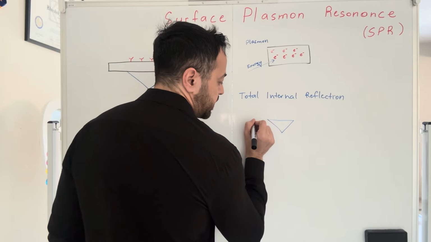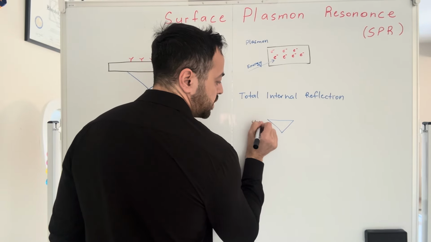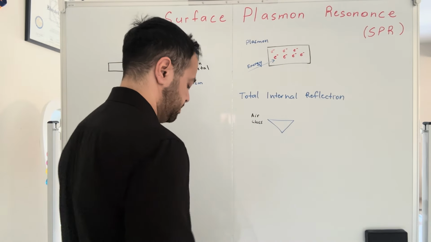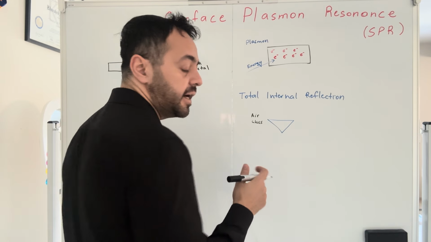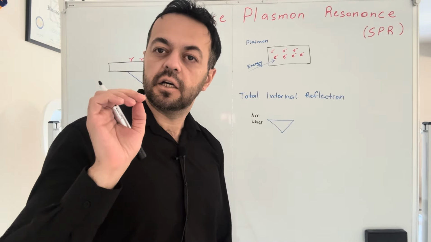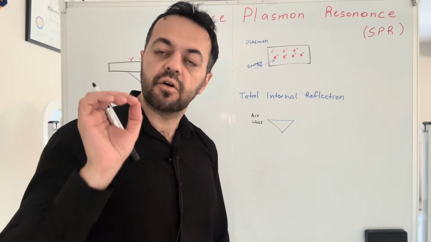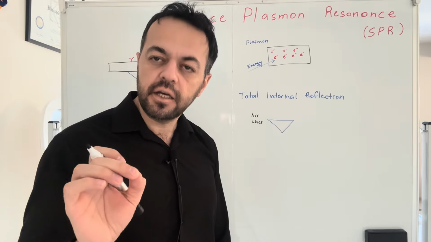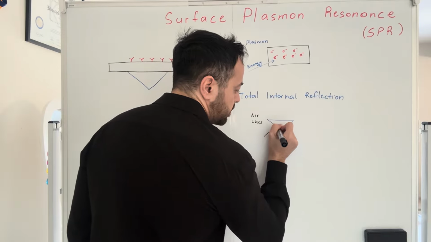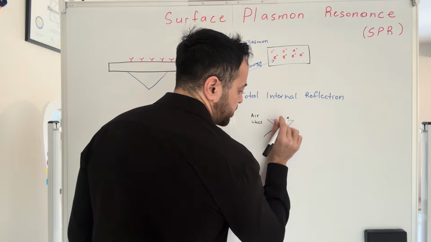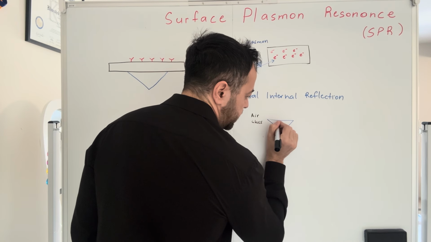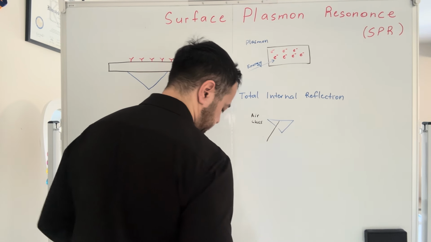This is a glass medium, and also we have air here. Air is also a medium. So what happens is when you apply a light at a certain angle, above the critical angle, the light goes and hits the medium like that.